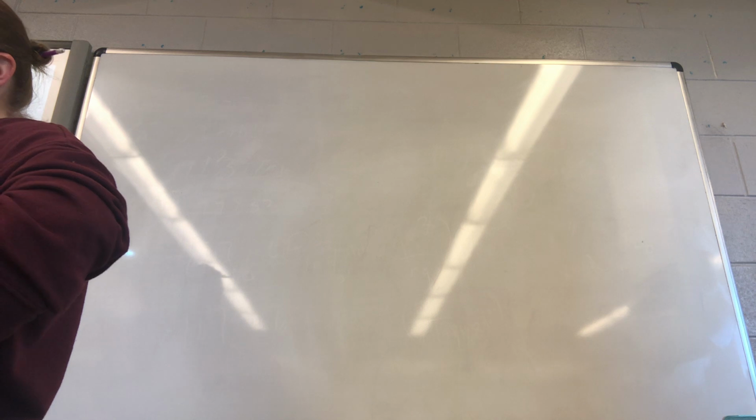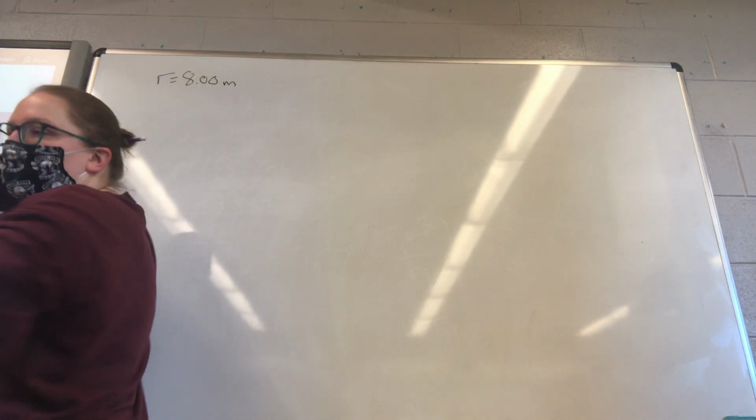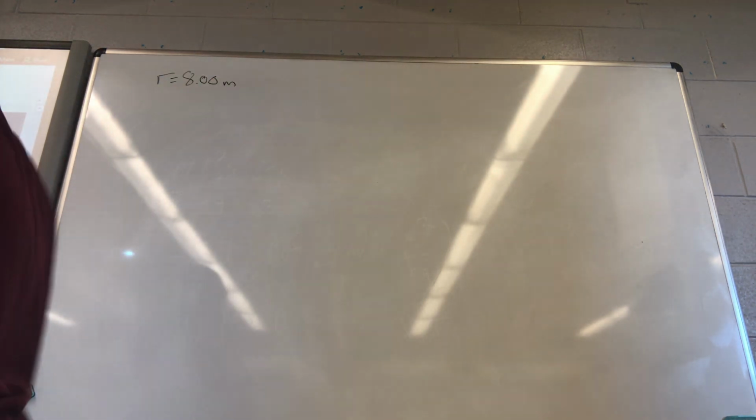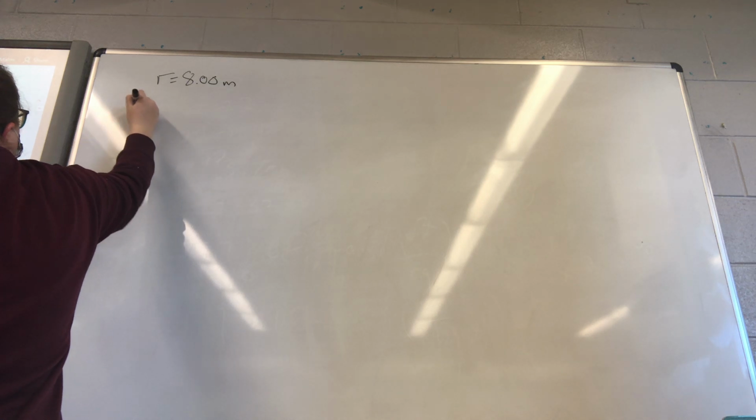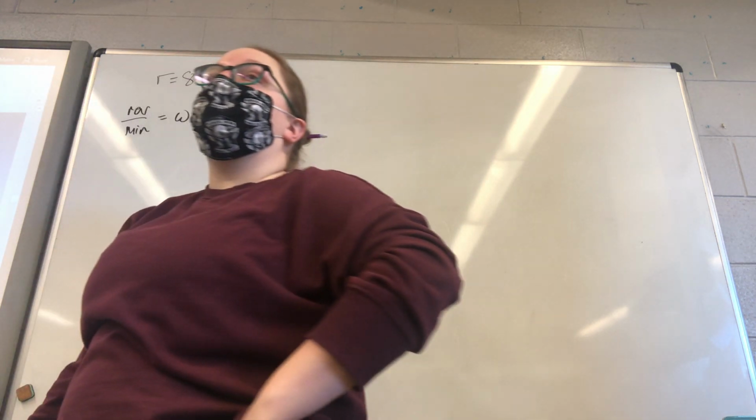If the horizontal circular path the riders follow has an 8-meter radius, so R, had how many revolutions per minute? So this is essentially a version of W, right?